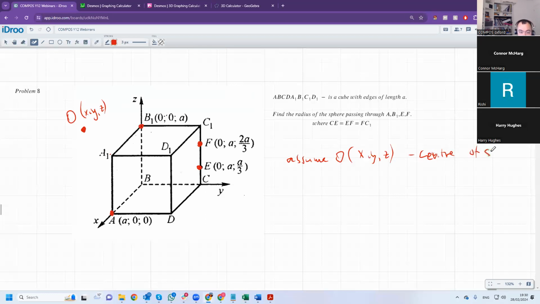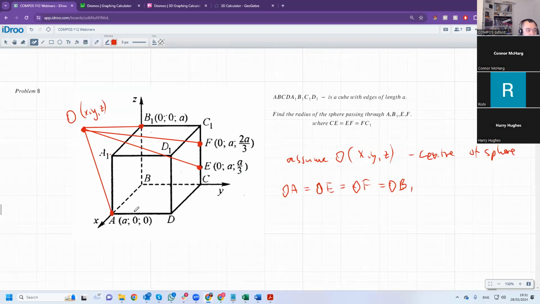That means that OA is the radius, OB1 is the radius, OF is the radius, and OE is the radius. That means that OA is equal to OE is equal to OF equals to OB1.